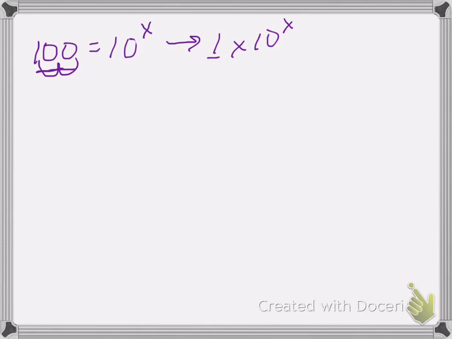By doing that, you actually just did a log. Log is this. If we take the x value, and remember x is how many spaces I move the decimal point to make it look like a 1, x equals log base 10 of 100. That is the actual calculation you would do on your calculator to get this answer.